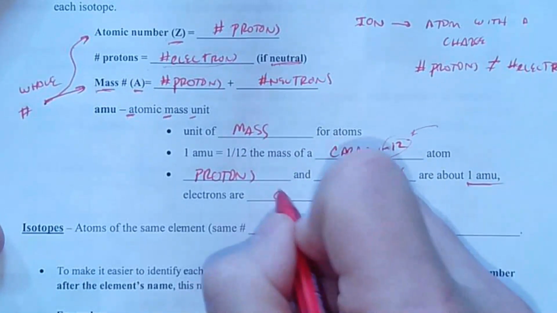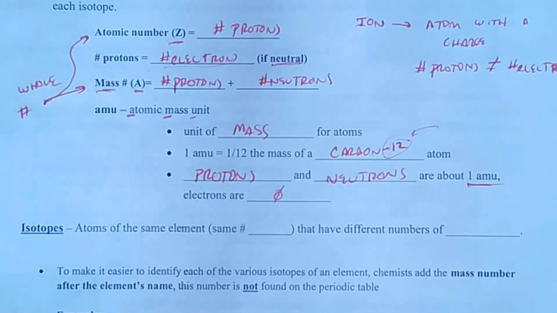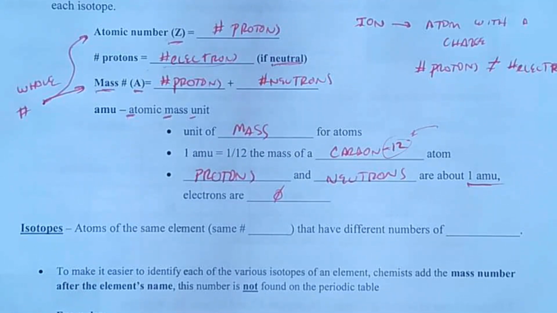And we pretty much just assume the electrons are weightless, even though we know that's not true. They do contribute just a tiny amount, 1/10,000th compared to a proton or neutron. So the presence of like 8 to 10 electrons in an atom is not going to change the mass of that atom by any measurable amount.